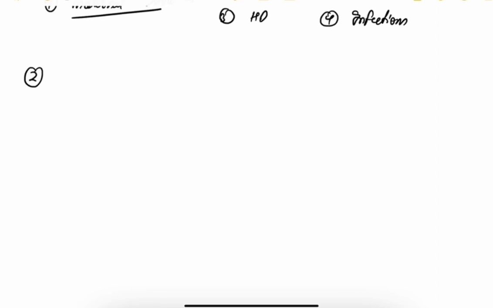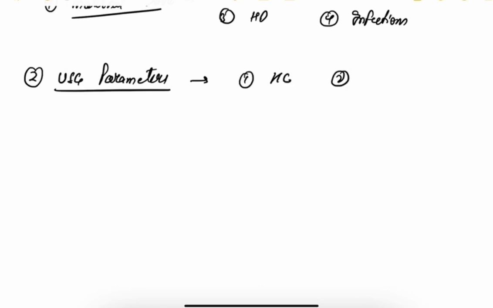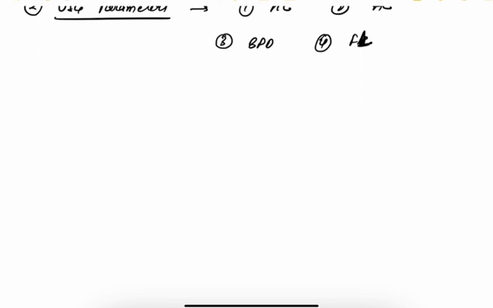Then there are USG parameters, which we already studied: head circumference, abdominal circumference, biparietal diameter, femur length. Also there are Doppler parameters like umbilical artery Doppler.